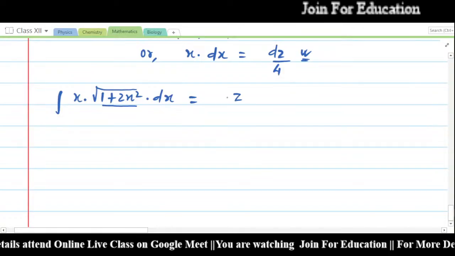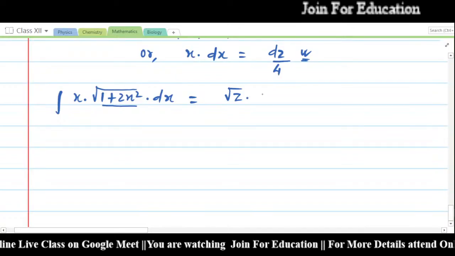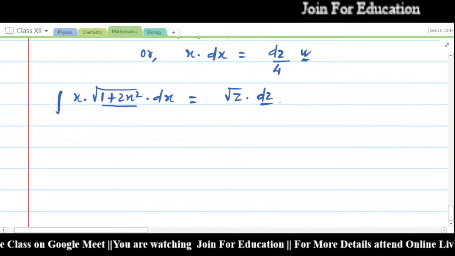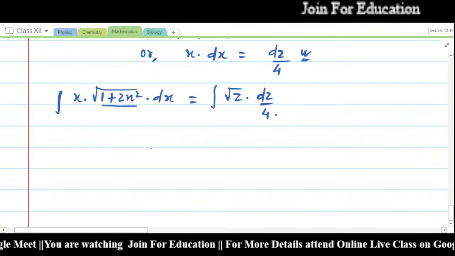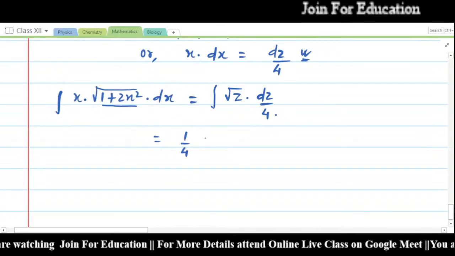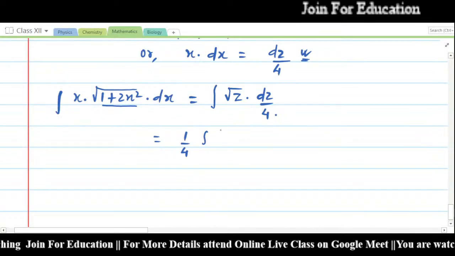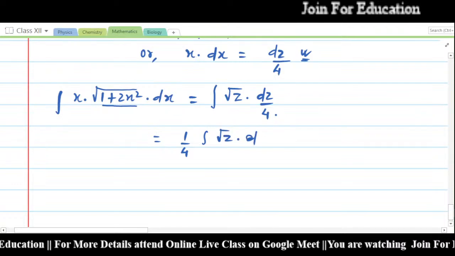So we write down here under root z into dz by 4, and we put the sign of integration. So the next step here will be 1 by 4 integration of root z into dz.